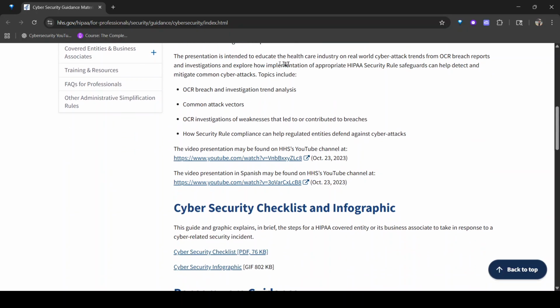The presentation is intended to educate the healthcare industry on real-world cyber attack trends from OCR breach reports and investigations, and explore how implementation of appropriate HIPAA security rule safeguards can help detect and mitigate common cyber attacks.